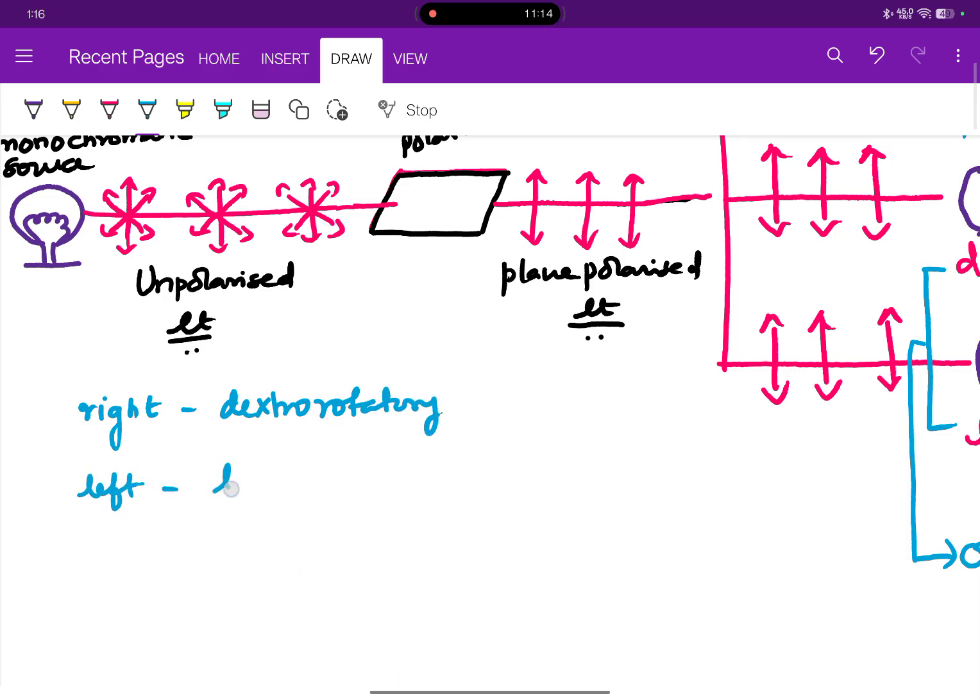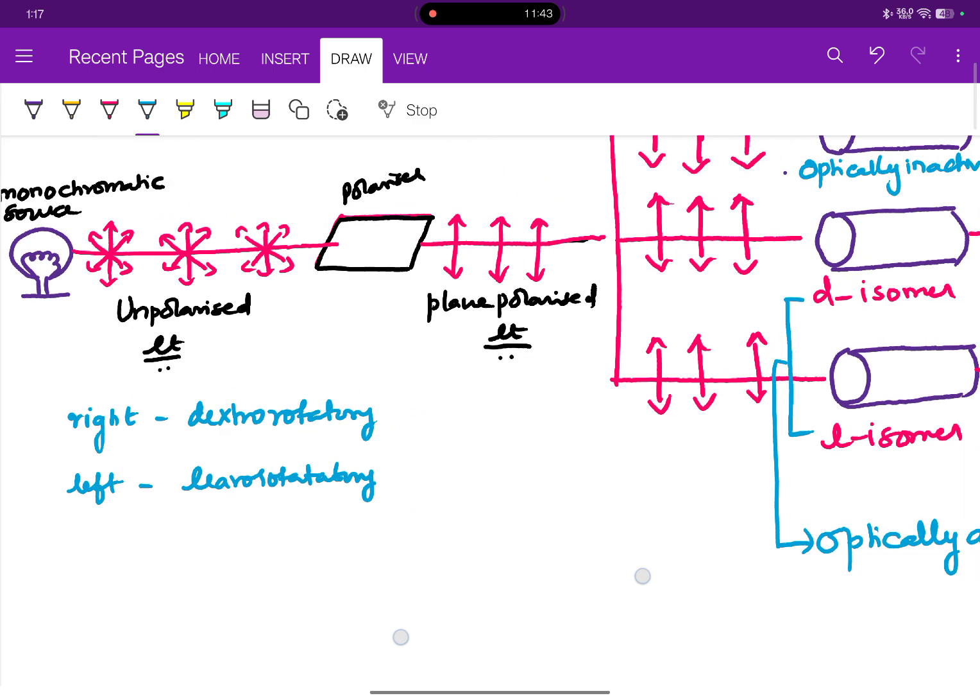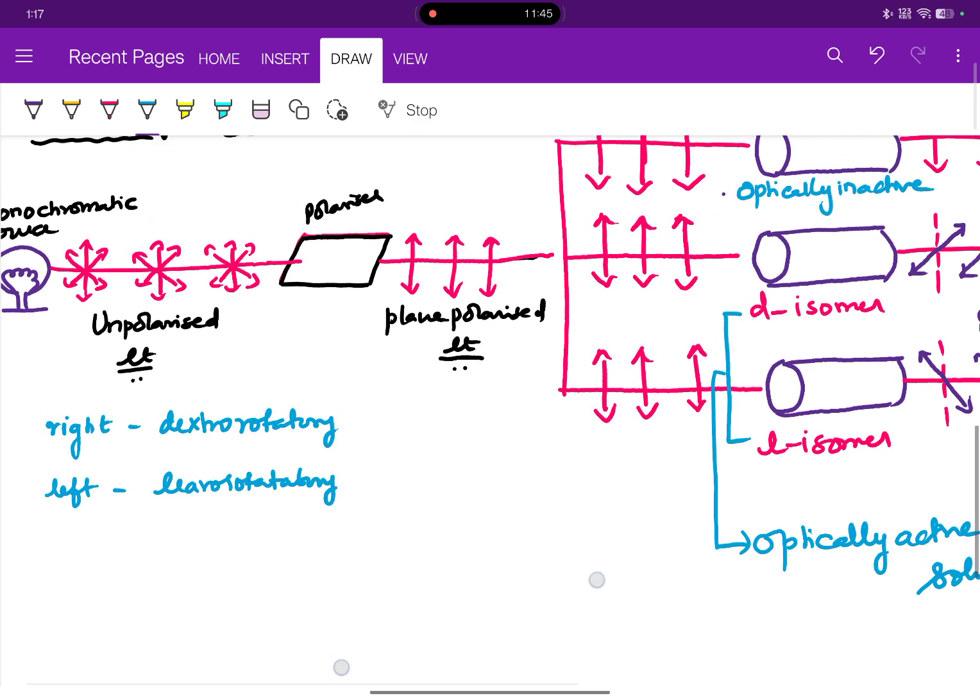Left hand side is called levo rotatory. Many people read levo as lavatory. So dextro rotatory, levo rotatory.